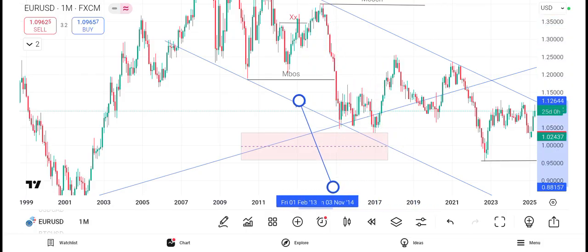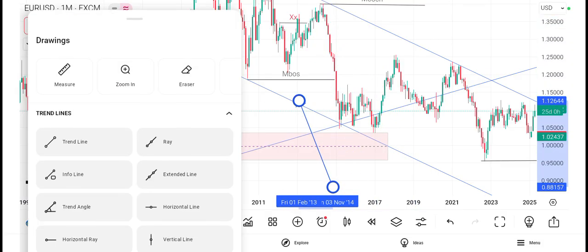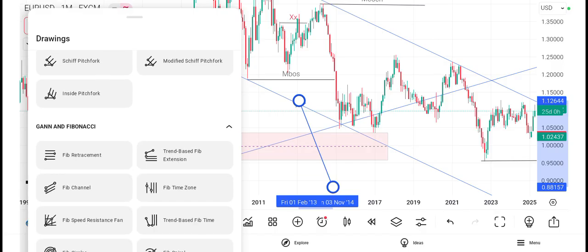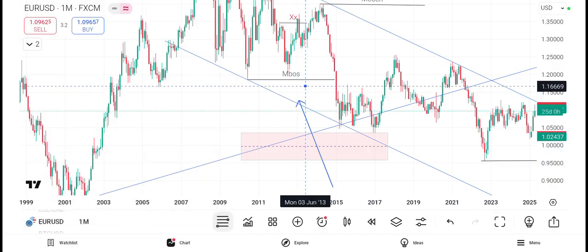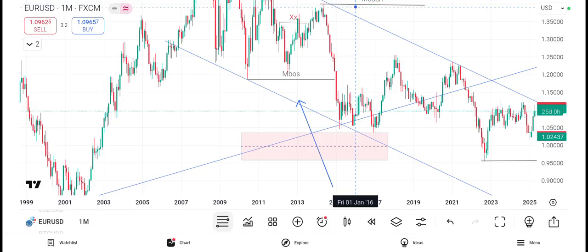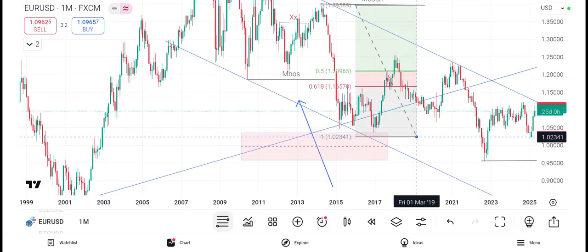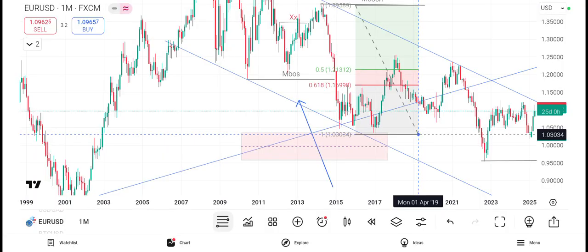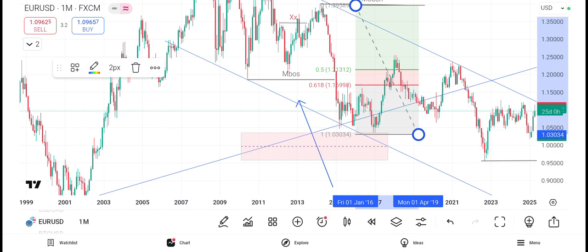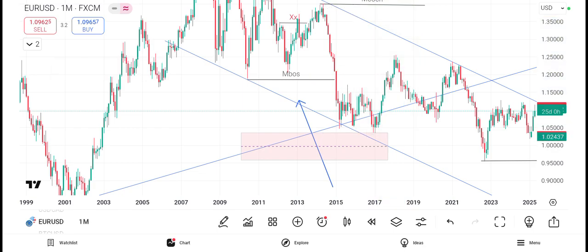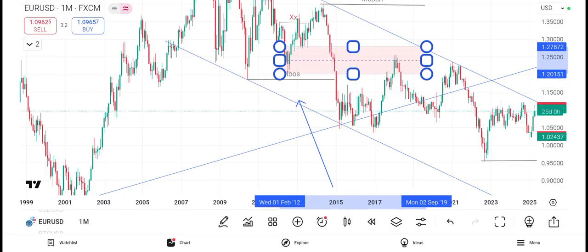So let's see if it got to our 50% Fibonacci retracement. We are learning, but I believe this video is going to help you guys. You could see it dipped just above it before the drop. But you don't just sell from zones like this.